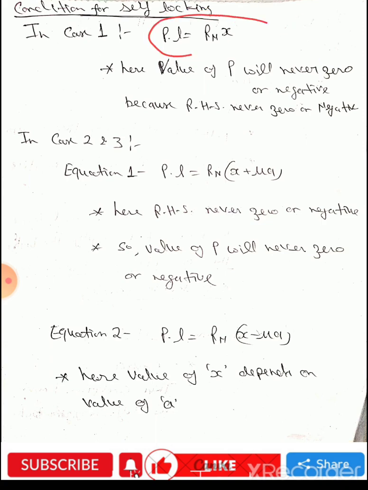In this equation, we can see the value of P will never be 0 or negative, because P is directly proportional to x, and x will never be 0 or negative. So the right hand side is never 0 or negative.